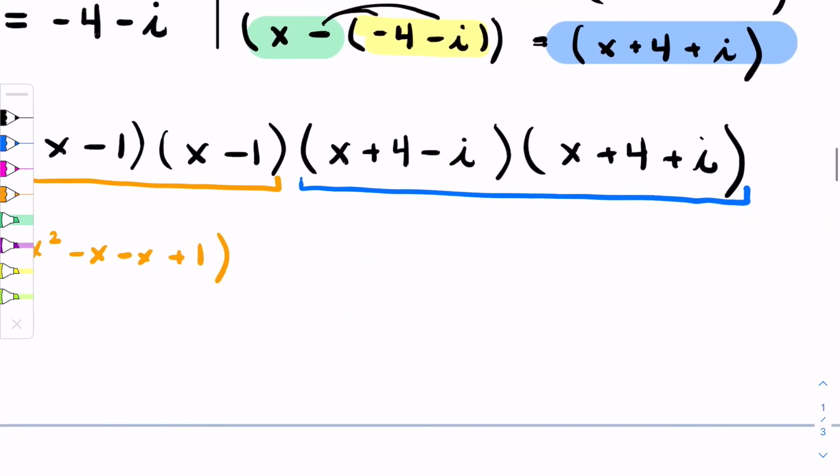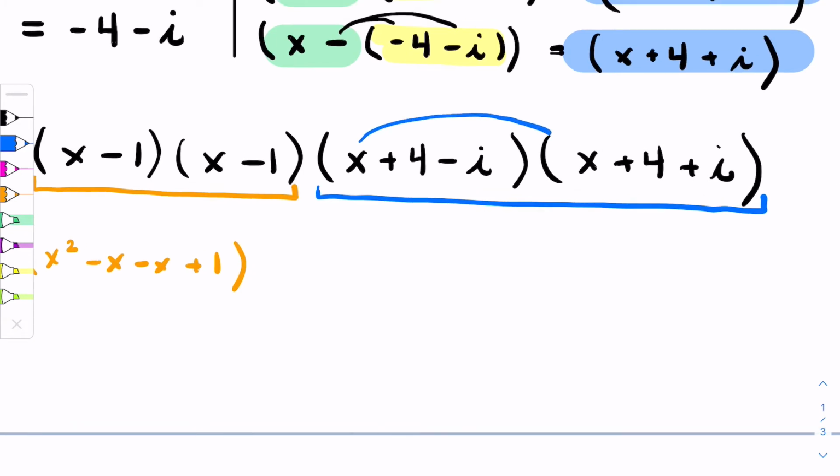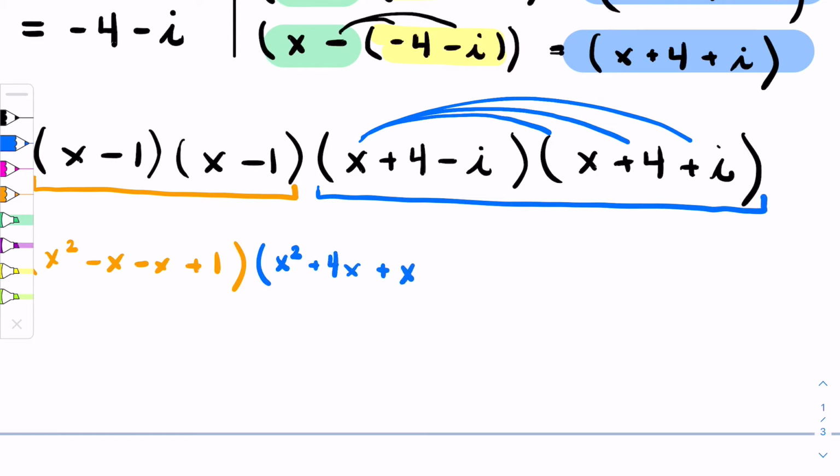The second two factors multiplied together. You have three terms in each of these, so this is definitely going to be a little bit more lengthy as an expression. We're distributing our first value x to all values in the second set of parentheses. We get x squared plus 4x plus xi, or ix, however you write it.